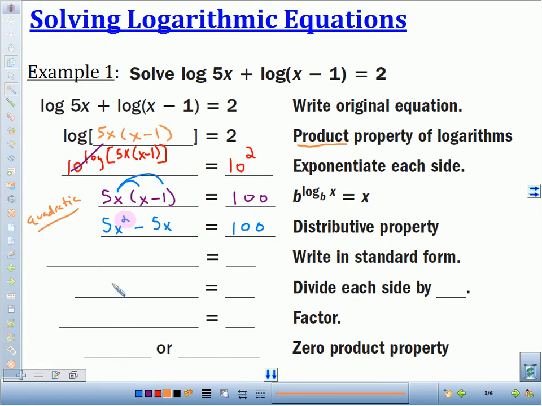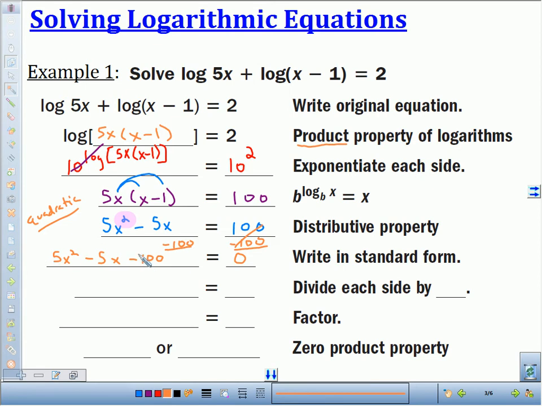Every quadratic equation has to be in standard form, which means I need to subtract 100 from both sides to get it equal to 0. So that's my job. Subtract 100 from both sides, gives me 5x squared minus 5x minus 100.